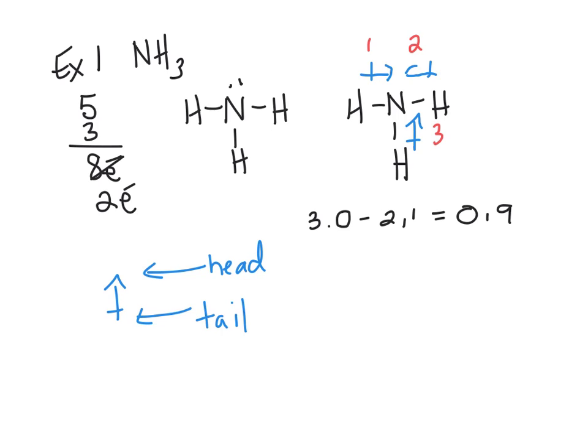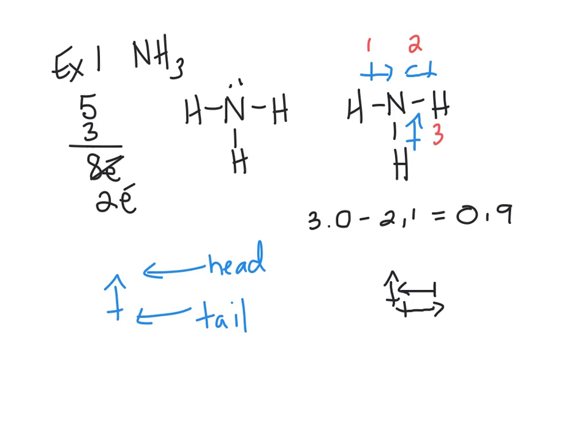So our first dipole goes in this direction, 0.9. Our second dipole goes in the opposite direction, and it's equal in size, 0.9. So we're basically back where we started, because these are right on top of each other, but obviously I can't draw them like that. Then our third dipole goes up from where our second dipole ended up.